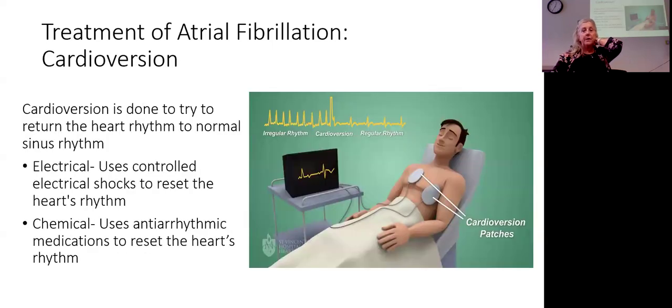So a treatment besides the medications that we're talking about is to do a cardioversion. A cardioversion is done to try to return the heart rhythm to normal sinus rhythm. And there are 2 types of cardioversion. One is electrical, that's what you're all thinking of.